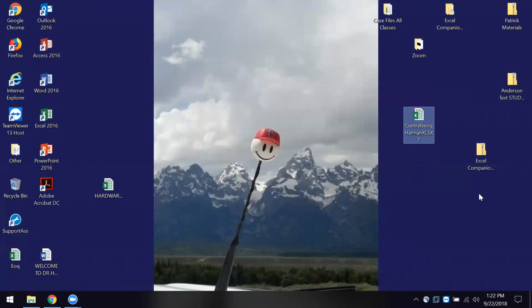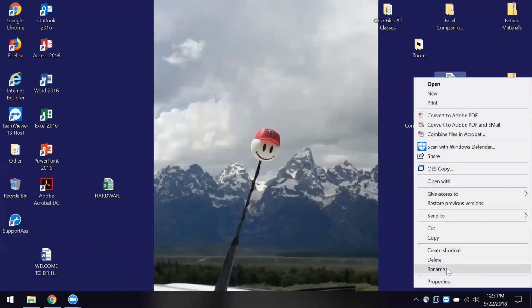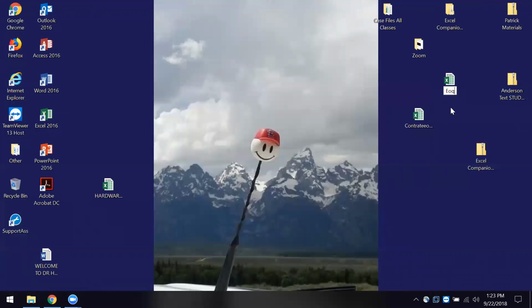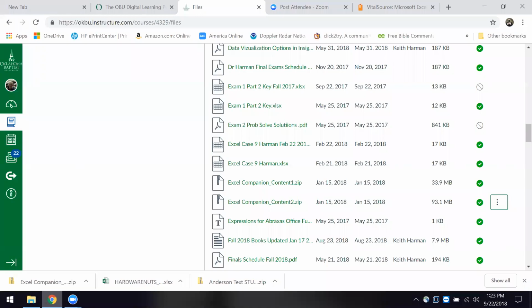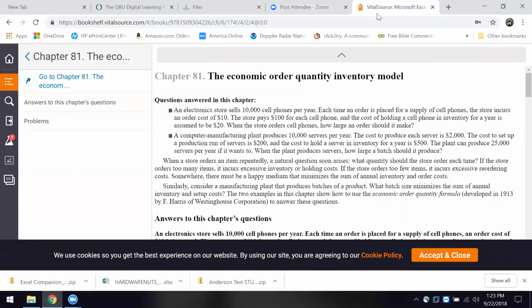Okay, and I'll grab this other file, and this is the EOQ file, and I'm going to rename it EOQ Harmon XLSX7.